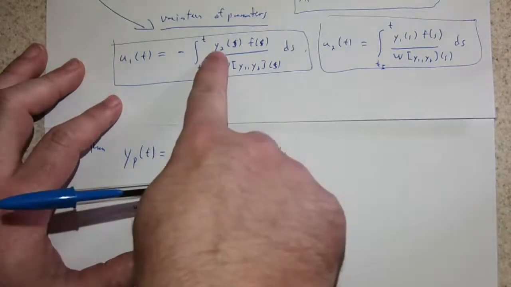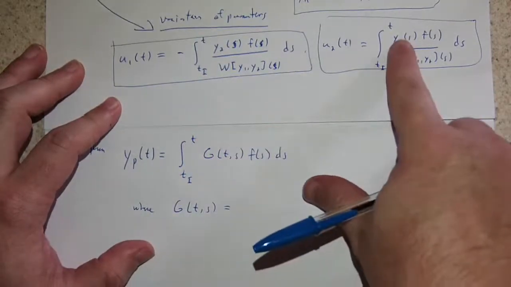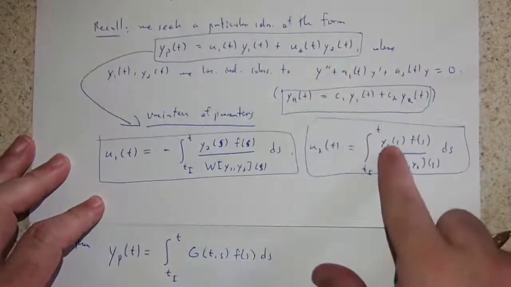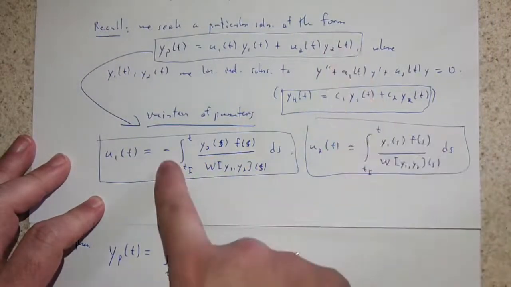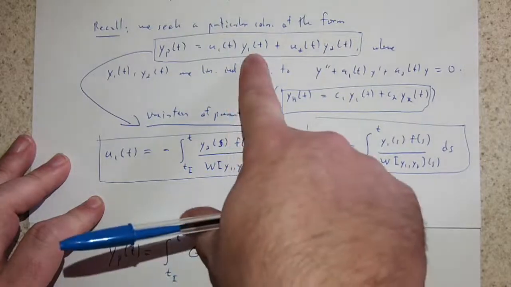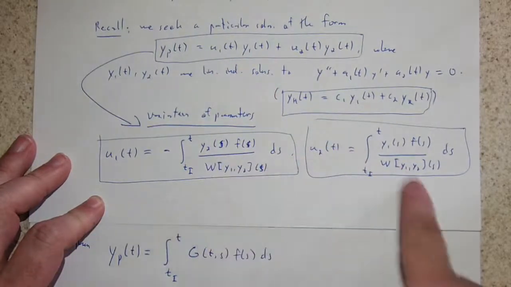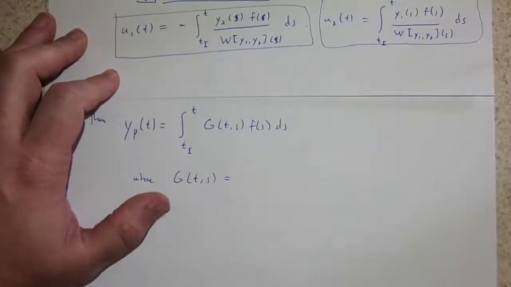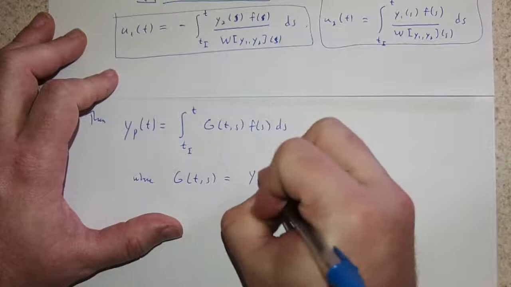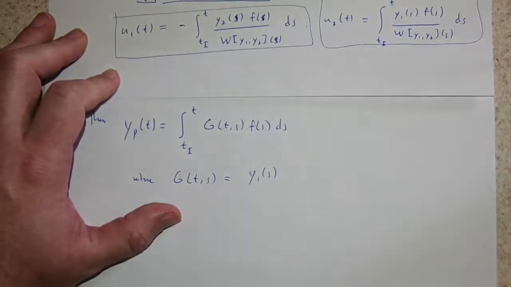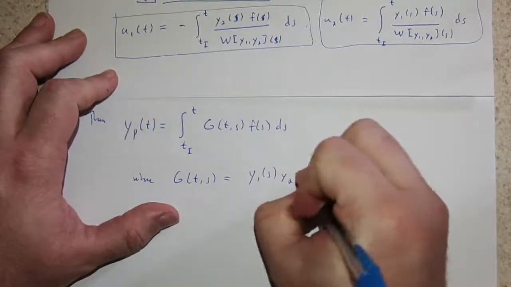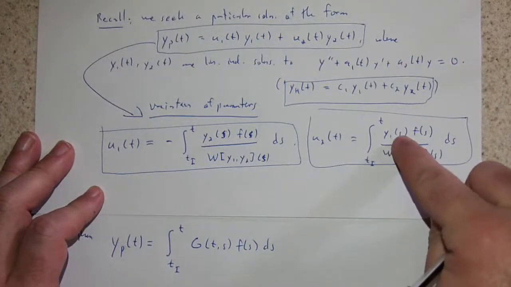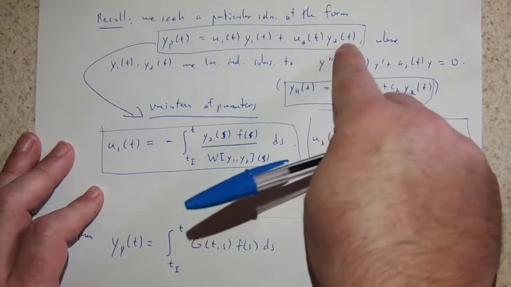It's going to be y1 times y2 minus y2 times y1 over the Wronskian in both terms. So rewriting that, this is y1 of s times y2 of t. Let's be careful here.